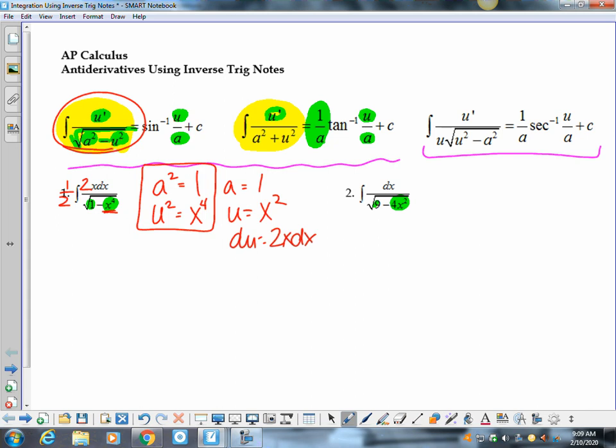Okay, so now I have this extra 1/2 because I had to balance. Sine inverse of my 1/2 is from here. X squared over 1, which is just x squared, plus c. Done.